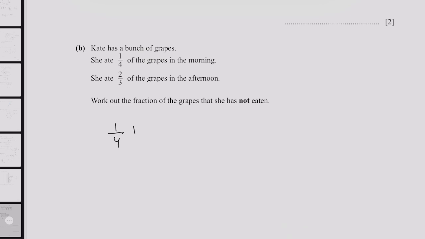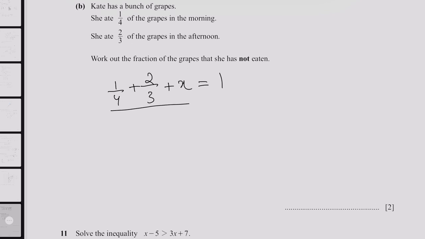So basically we have 1/4, 2/3 and then x, and this whole equals 1 because we are dealing in fractions. So let's work out x. x equals 1 minus 2 over 3 minus 1 over 4.